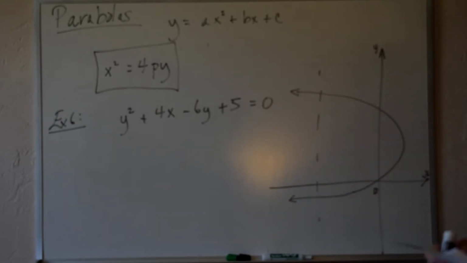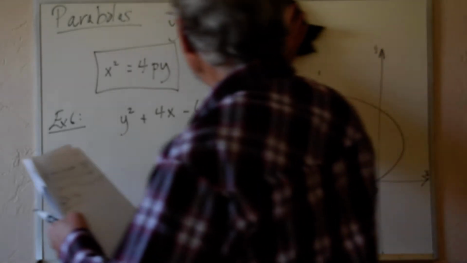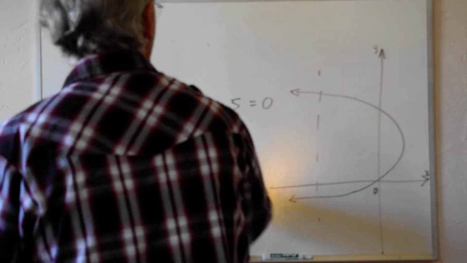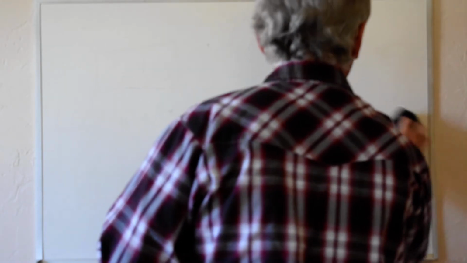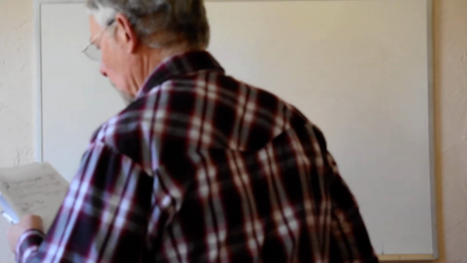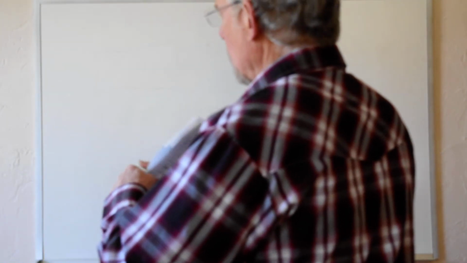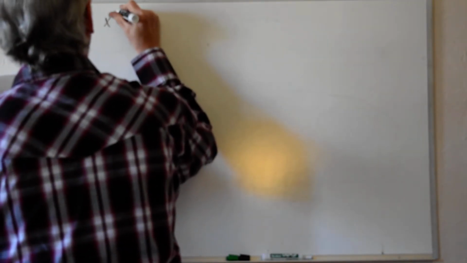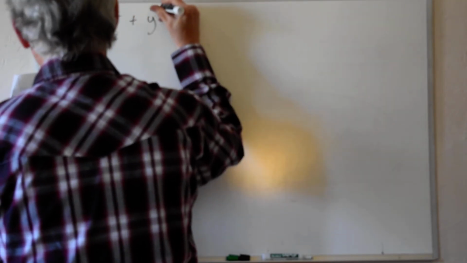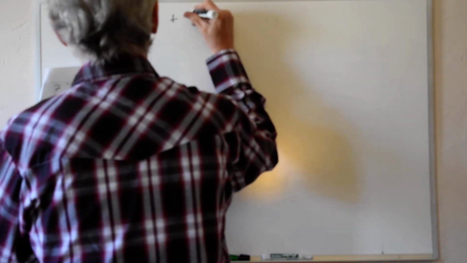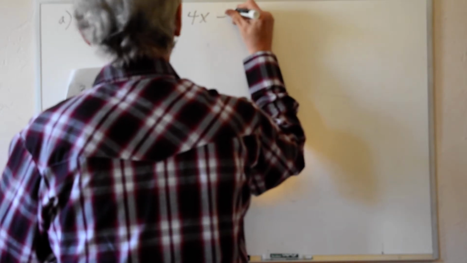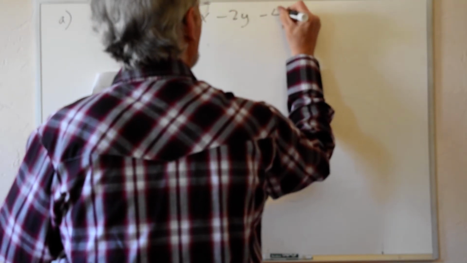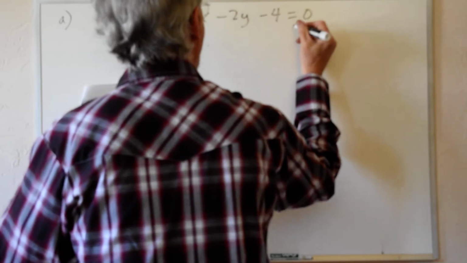Now, can you tell the difference? Let me give you these equations to look at. In part A of this problem, I have this equation, x squared plus y squared plus 4x minus 2y equals 0.